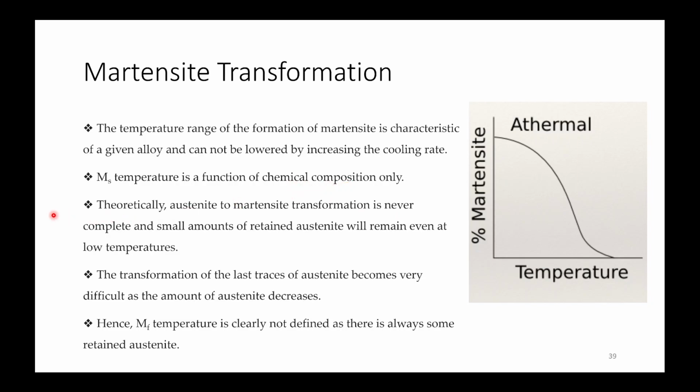Theoretically, austenite to martensite transformation is never complete, and small amounts of retained austenite will remain even at low temperatures, and the transformation of the last bits of austenite becomes very difficult as the amount of austenite decreases. Hence, MF temperature is clearly not defined for steels, as there is always some retained austenite. And this is how your amount of martensite changes with temperature in case of an athermal type of transformation.